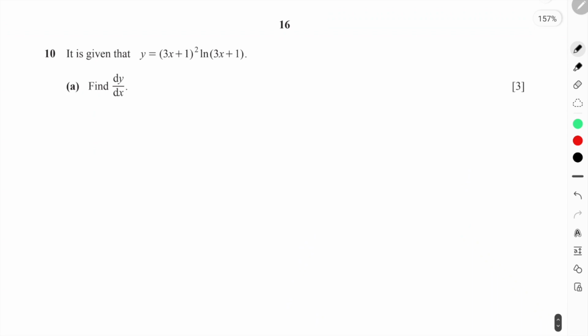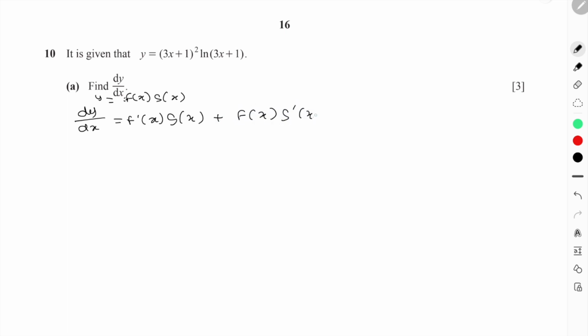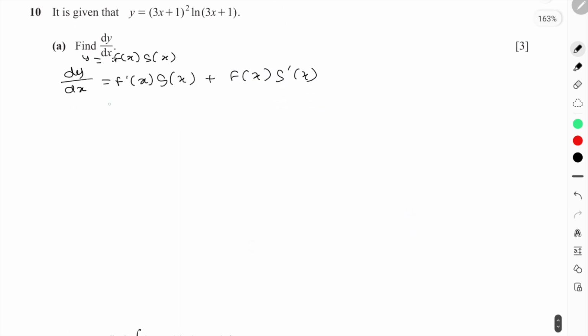Okay, so it's given that y equals this, and then we have to find dy by dx. In this one, we're just going to use the product rule. So if y equals f of x and g of x, dy by dx is f dash of x, g of x plus f of x, g dash of x. So let's differentiate this one.